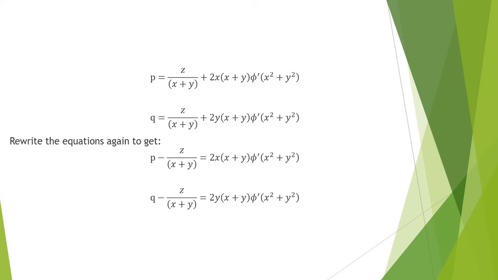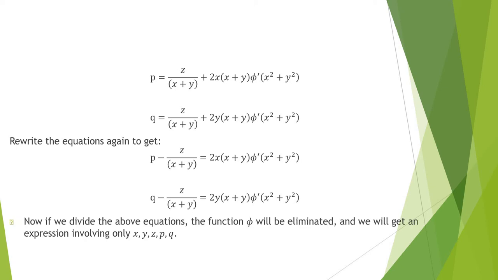Both the above equations have phi dash of x square plus y square on their right hand sides. We can see that if we divide the two equations, then the phi dash term will be cancelled out. So divide the above equations, then the function phi will be eliminated and we will get an expression involving only x, y, z, p and q.